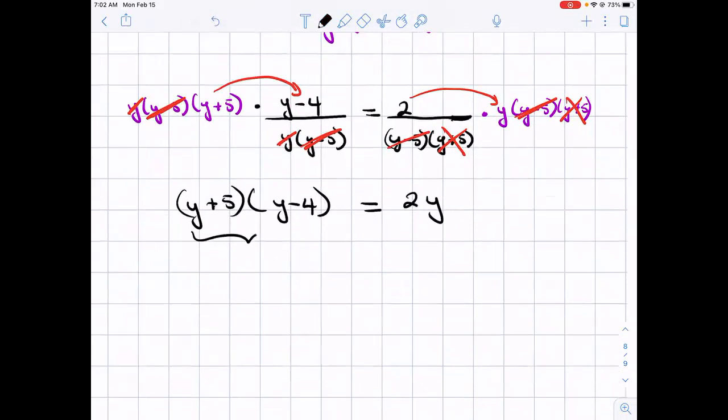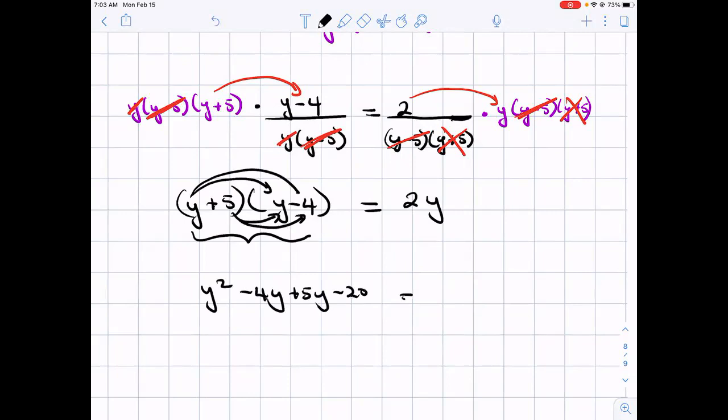Now we have to multiply this out, or FOIL it out, as you generally would say. If you multiply that out, you will get y times y, which is y squared, y times minus 4, which is minus 4y, 5 times y, which is plus 5y, and 5 times minus 4, which is minus 20.